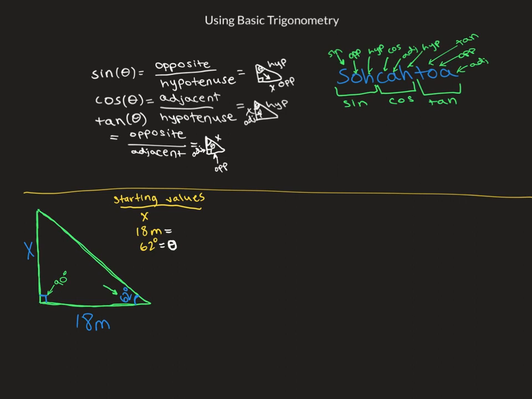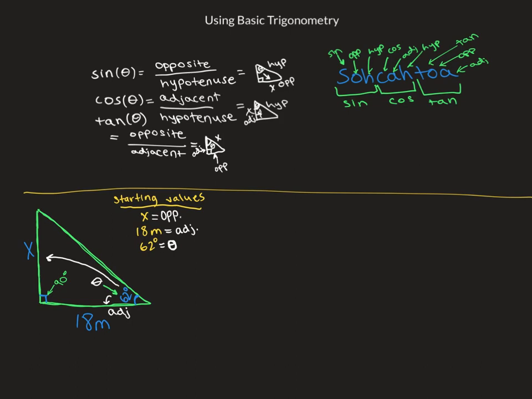So if this is our theta, 18 meters is the side adjacent to theta. Adjacent is right next to. So theta is right here, and right next to it is 18 meters. So 18 meters is adjacent. And then once again referring to the location of theta, where's our x? So our x is opposite of theta. It's all the way across the triangle. So x is equal to opposite.